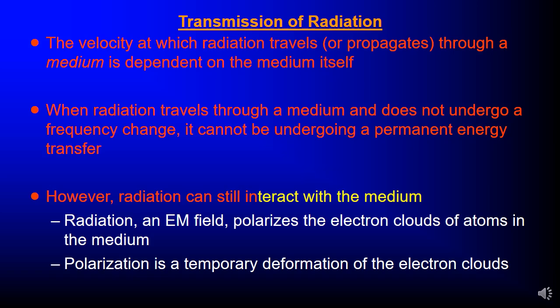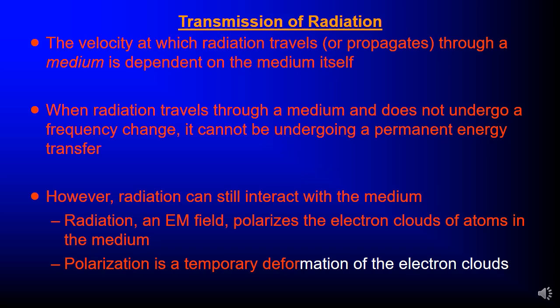However, radiation can still interact with the medium. An electromagnetic field polarizes the electron clouds of an atom in the medium. Polarization is a temporary deformation of the electron cloud.